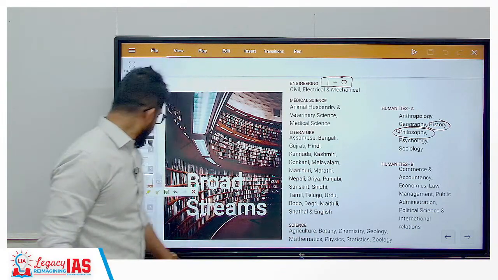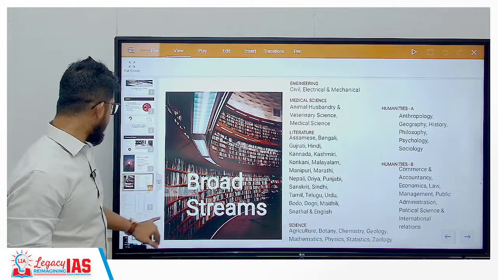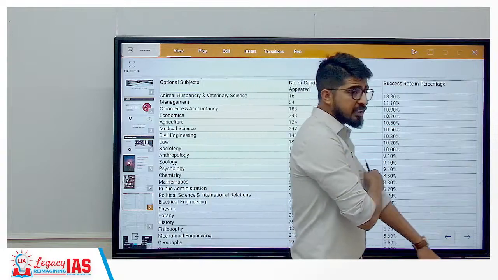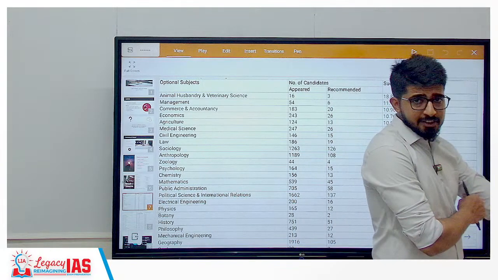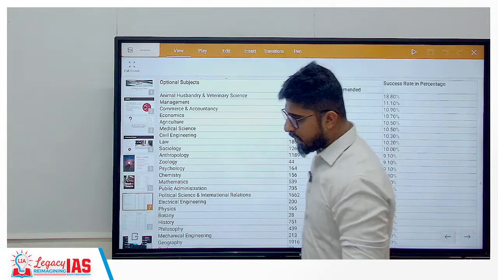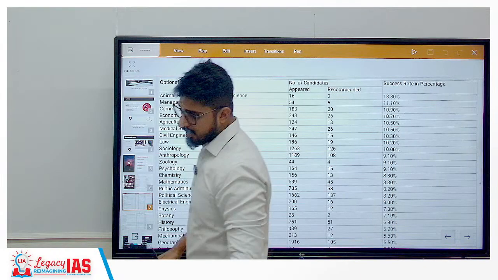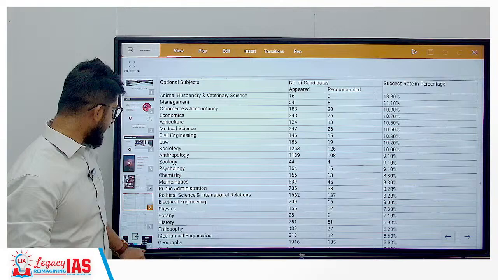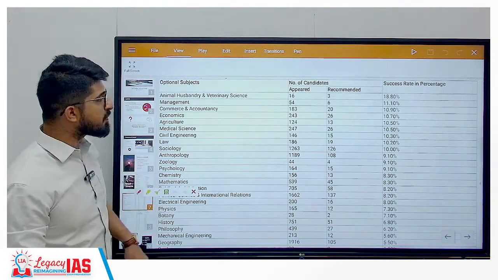Next, with this understanding, we'll go to the next part here. The success rates. The most interesting part for most of the people, right? The success rates, which optional to choose.